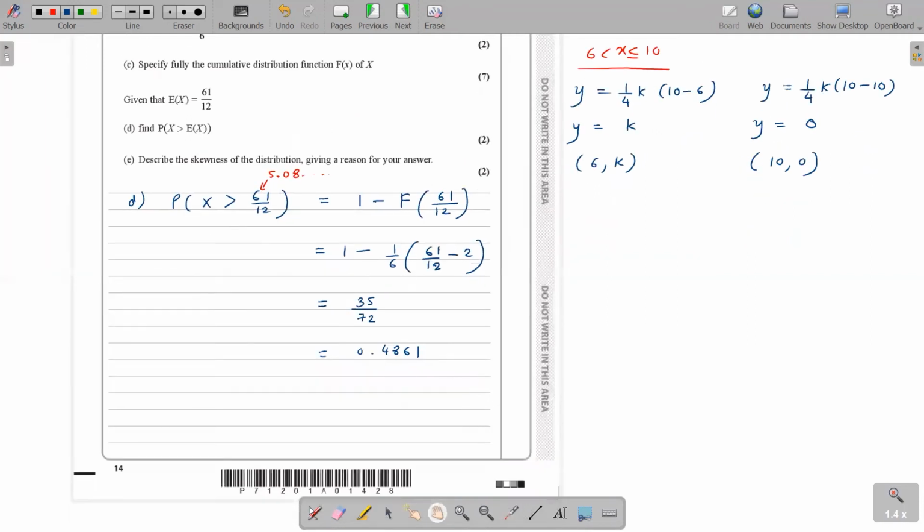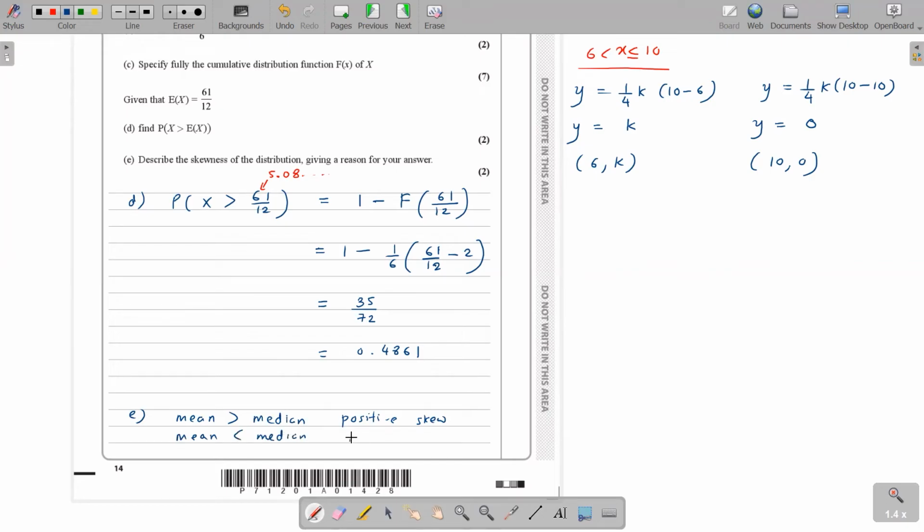First of all, can you all remind me about the skewness rule? If mean is greater than median, it's what skew? Mean greater than median means it's a positive skew. You need to remember the rules. If mean is less than median, it's a negative skew.